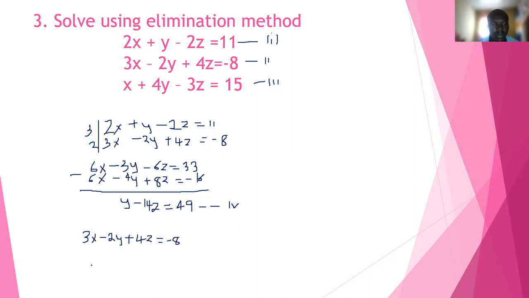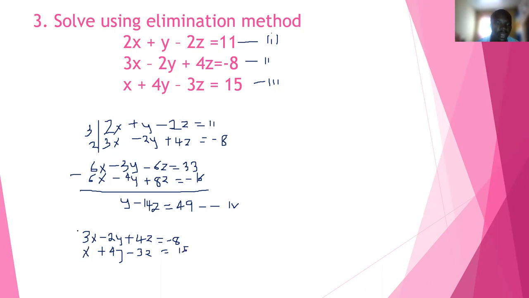Then we have x plus 4y minus 3z is equal to 15.